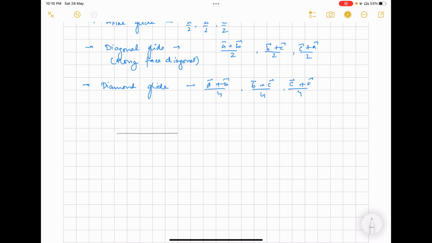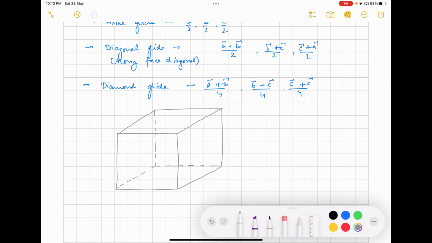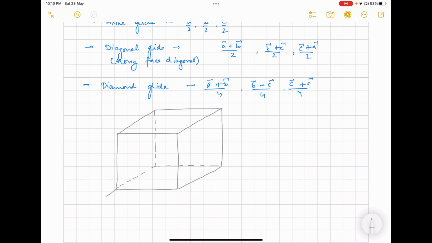So if this is your cubic unit cell, okay, so this is your A vector, this is B vector, and this is C vector.